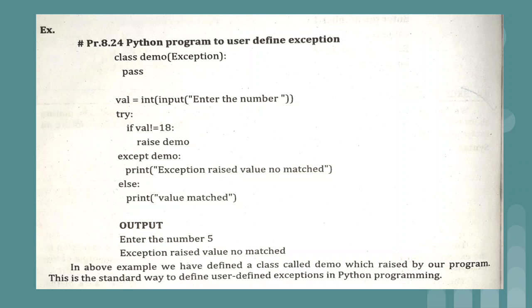Here we have not used any inbuilt class. We have created our own exception class and we are making use of it, and in that class we have just written pass. If you use any printing statement, normally in a class you cannot make use of a direct printing statement.